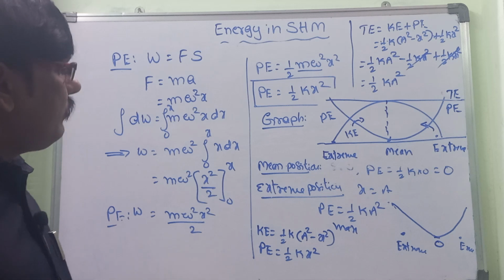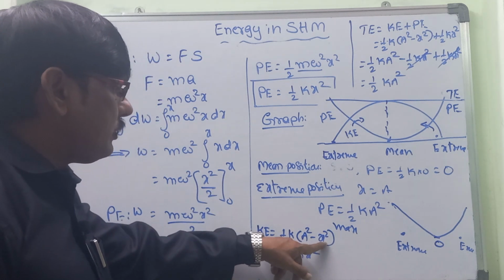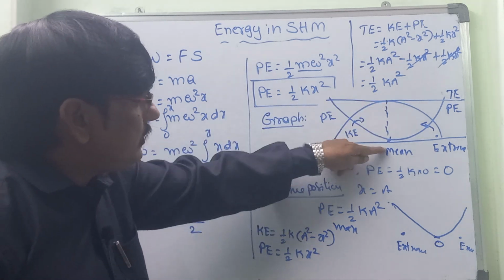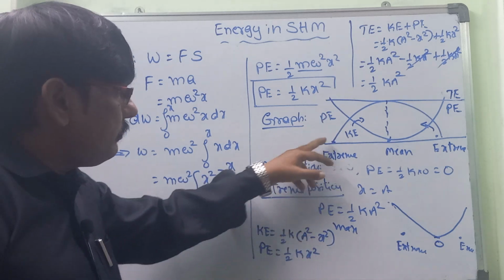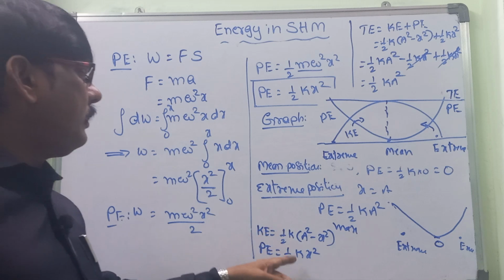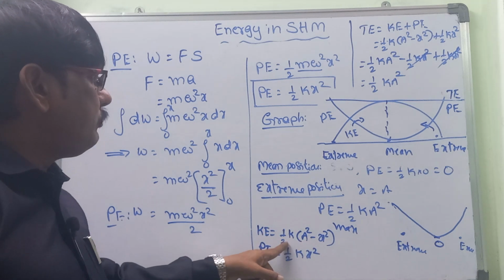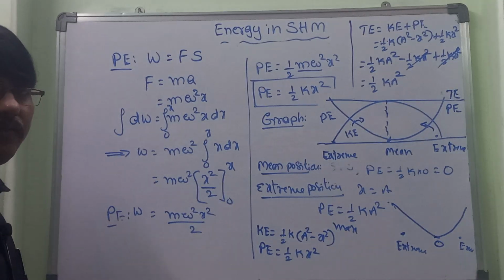From this equation we can consider that at extreme position, kinetic energy is 0, and it is a maximum at the mean position. In that way, we can take the graph of this one.